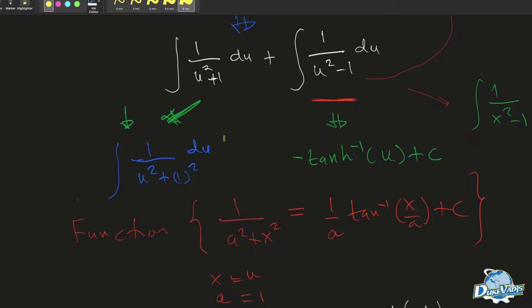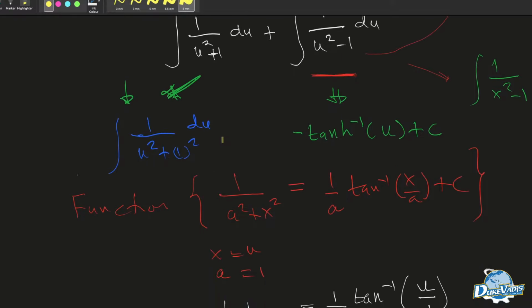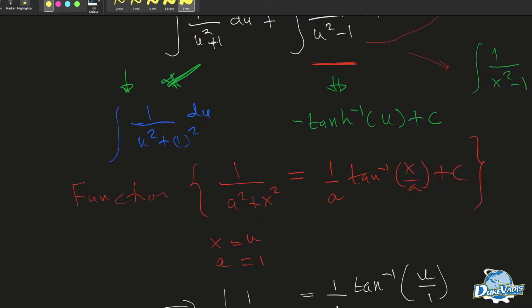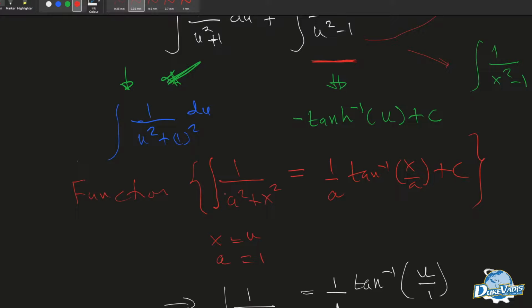You see, we can decide to use the integral function that says that if you have the integral of 1 over a squared plus x squared, it can be written like that.